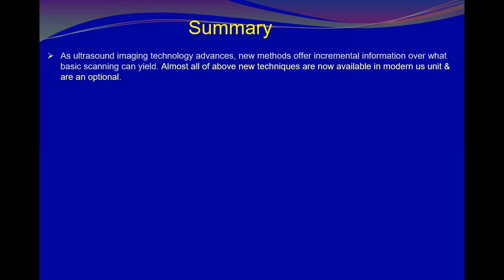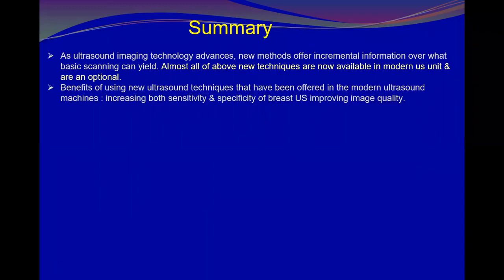Okay. In summary, as ultrasound imaging technology advances, new methods offer incremental information over what basic scanning can yield. And almost all of the above new techniques are now available in modern ultrasound units and are optional, and we have to use them. What is the benefit of using these new ultrasound techniques offered in modern ultrasound machines?